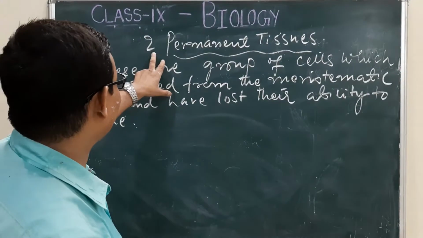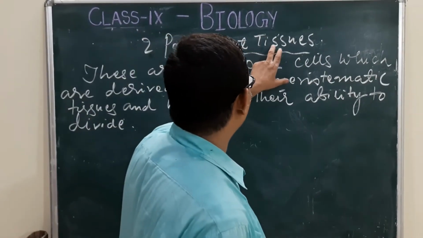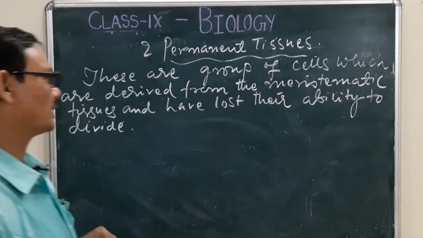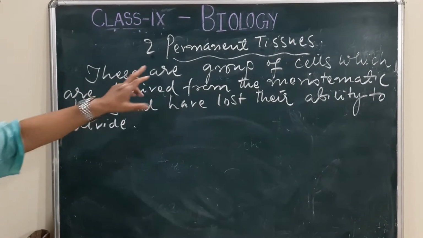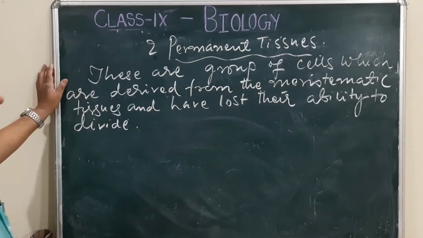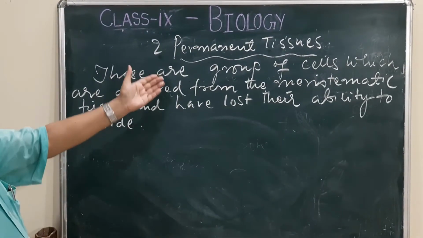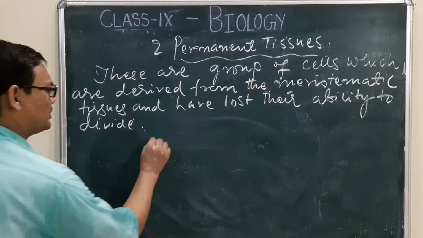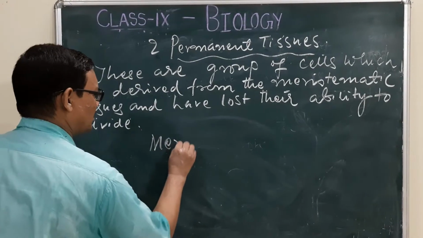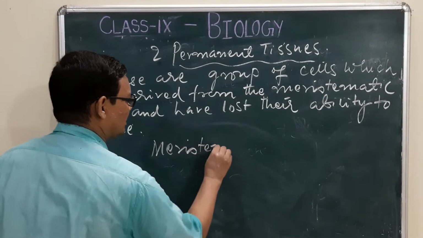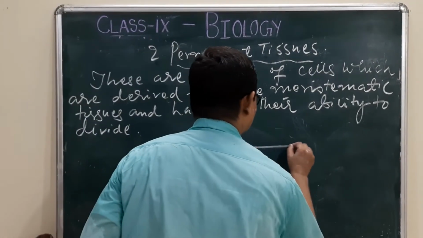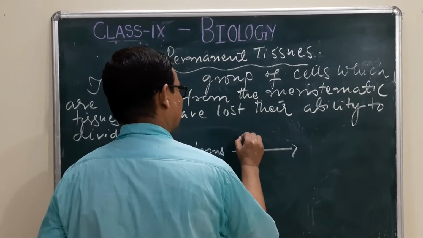An important type of plant tissue is the permanent tissues. The word permanent, what does it mean? Earlier we have seen the meristems, where the cells always divide.